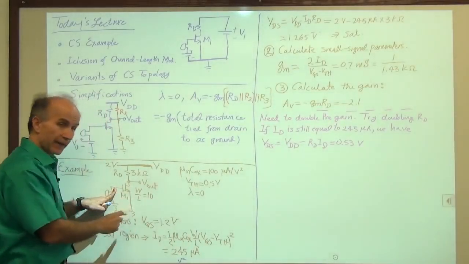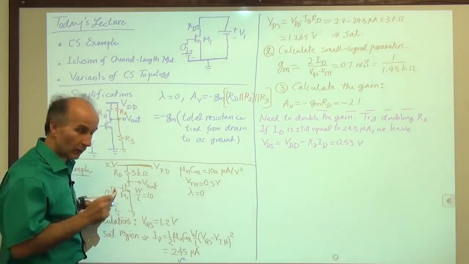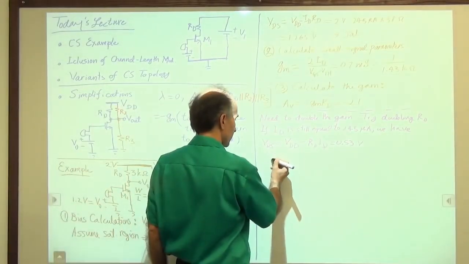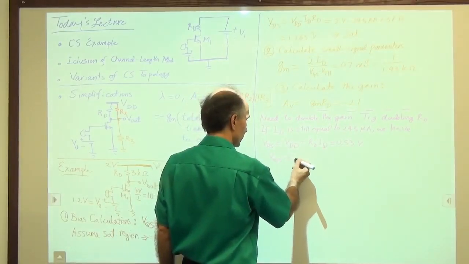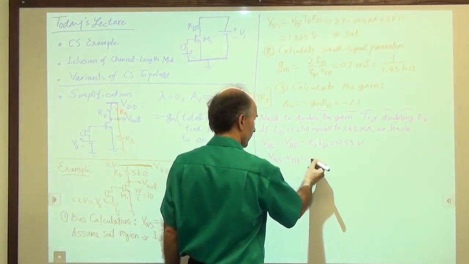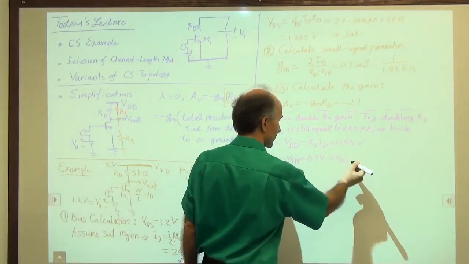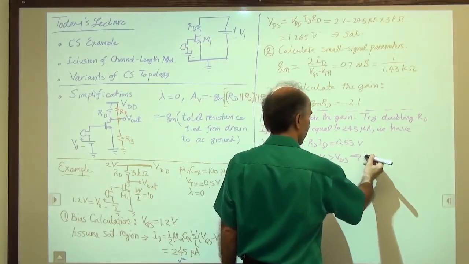So VDS has to be greater than 0.7 volts, but it's not. So compare this to VGS minus VTH, and we see that that's 0.7 volts, which is greater than VDS. It's an NMOS device, so we are in triode region.